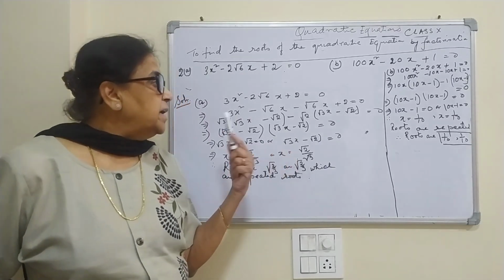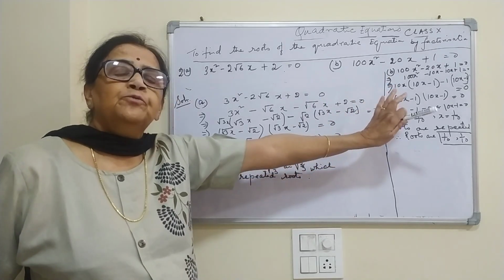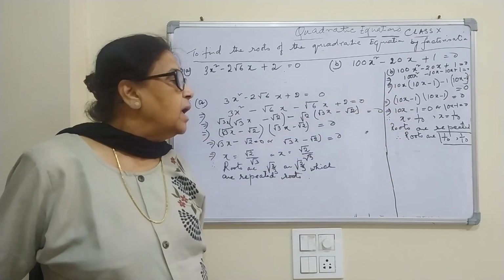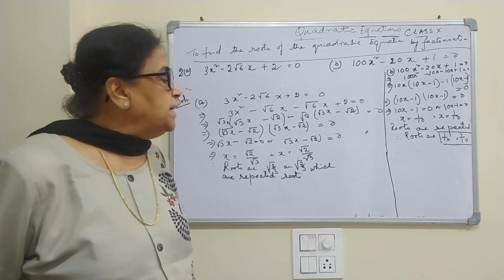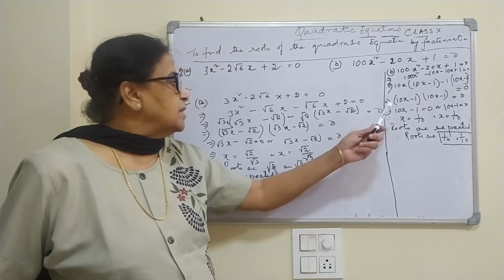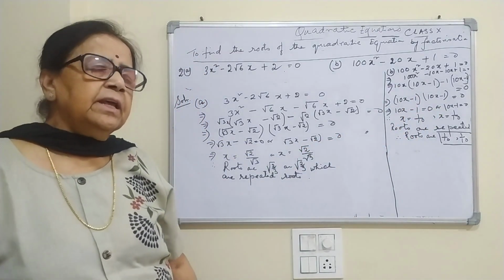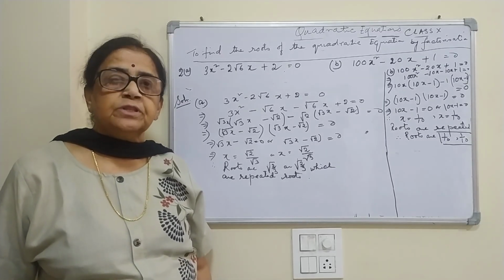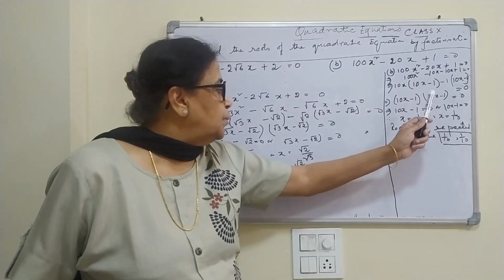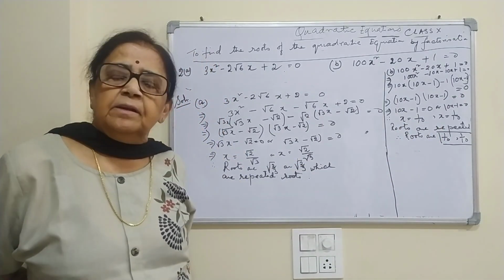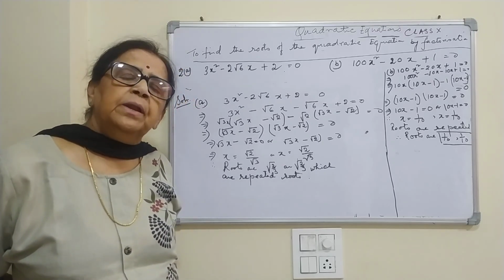That is 100x square minus 10x minus 10x plus 1. Then I take 10x common from both. Now ultimately we will get the factors 10x minus 1 into 10x minus 1 is equal to 0. Seeing this, we can immediately say repeated roots. So x is equal to 1 by 10, x is equal to 1 by 10. Roots are repeated and the roots are 1 by 10 and 1 by 10.